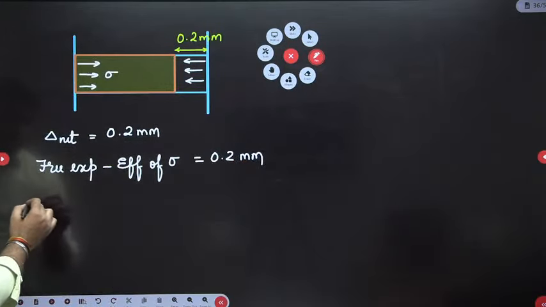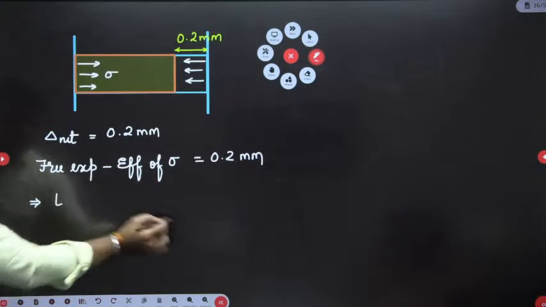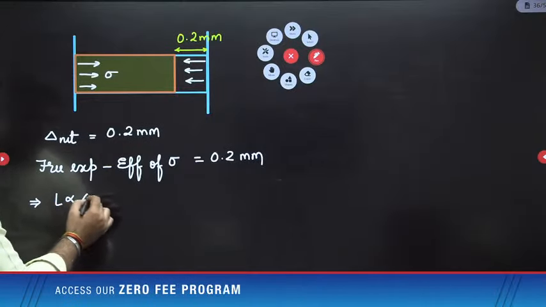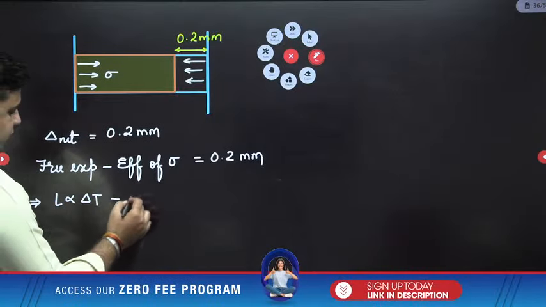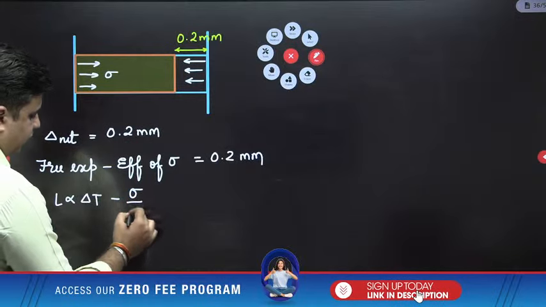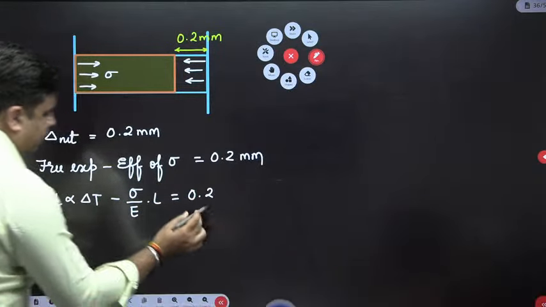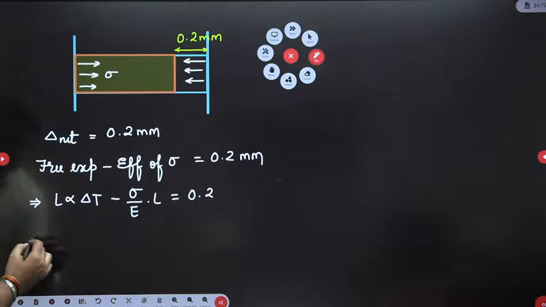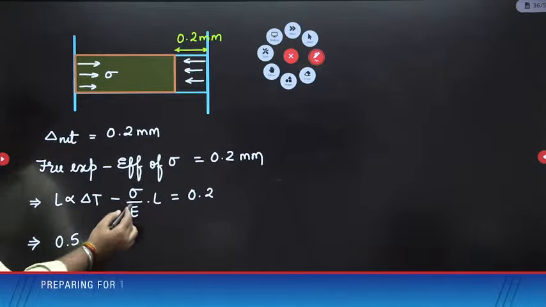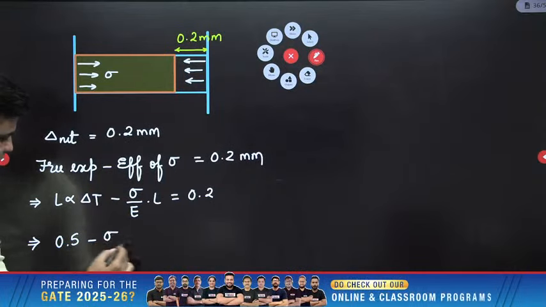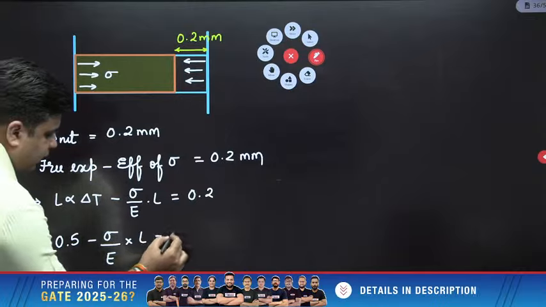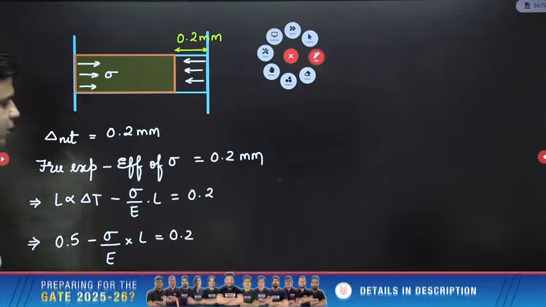What is free expansion of the bar? Free expansion of the bar is length of the bar into alpha into delta T, minus effect of sigma, which is sigma upon E into L. This is equal to 0.2. Substitute all the values: free expansion you have already calculated as 0.5, minus sigma by E into L is equal to 0.2.